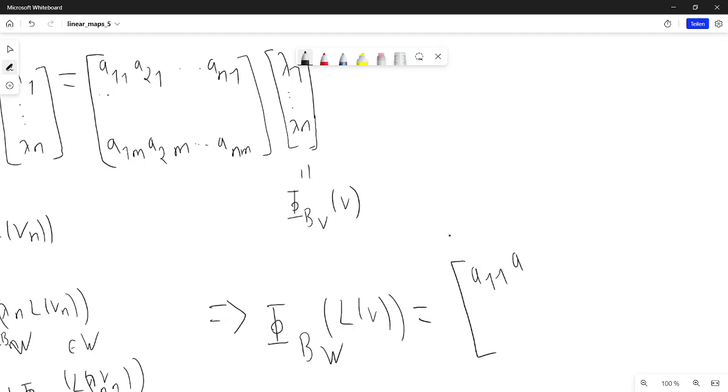And you recall that what is actually written here, maybe I'll write it for you more explicitly. Here you have A1M. Here you have A12. Here you have A13, and so on.